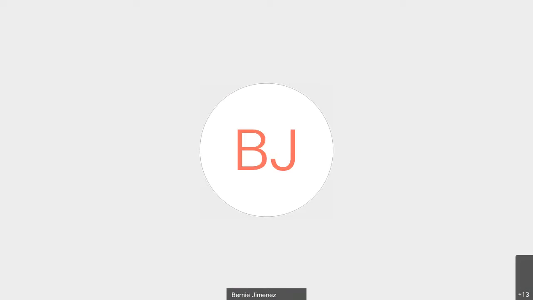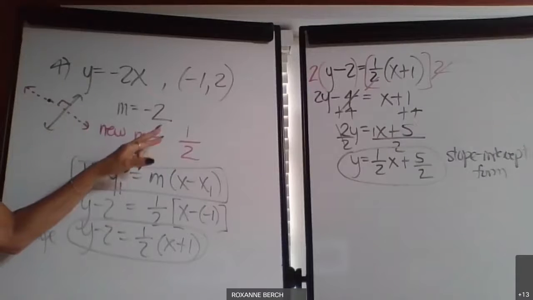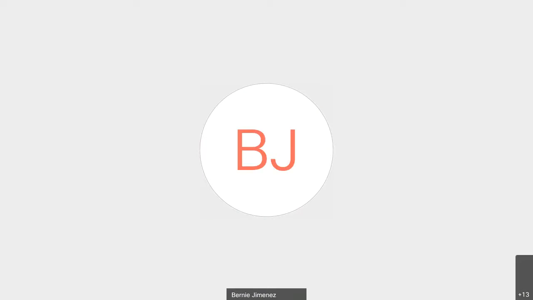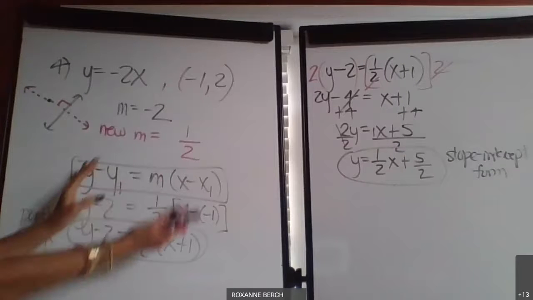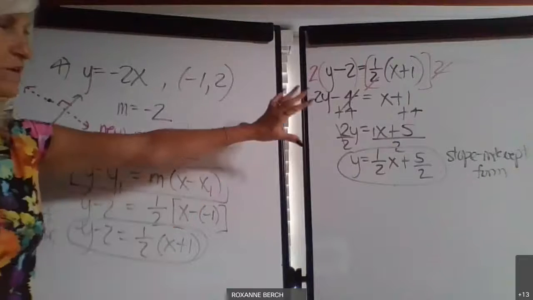So if the lines were parallel, we would have just used negative 2. But since the lines are perpendicular, you have to take the negative reciprocal. So this is our new slope, and that's our point. It's tricky.